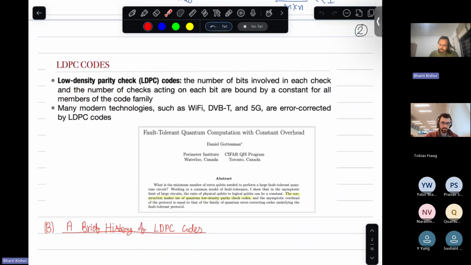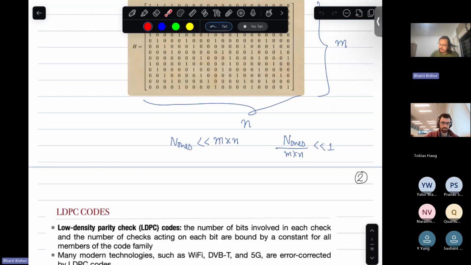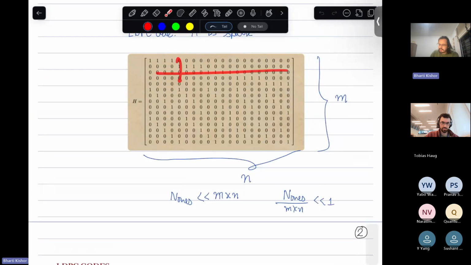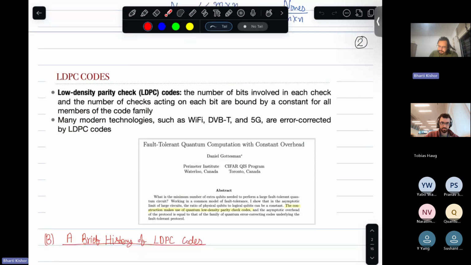So for LDPC codes, one can say that the number of bits involved in each check and the number of checks acting on each bit are bounded by a constant for all members of the code family. There is a code family for which you can talk about different parity check matrices, and for every parity check matrix, the row sparsity and the column sparsity are bounded by a constant.